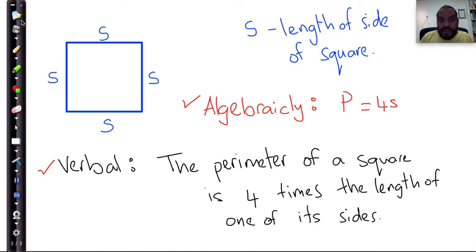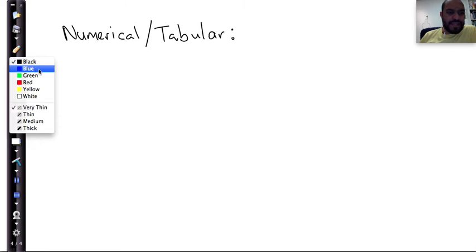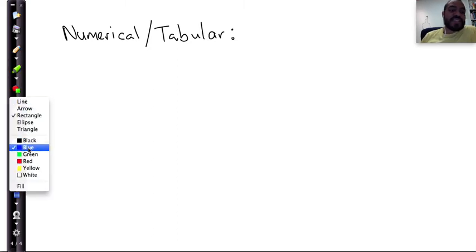Okay, so now let's look at a table method, numerically or in a tabular method. In a numerical or tabular method, you have most often seen this as a table, right? I'm guessing that you have most often seen this as a table.